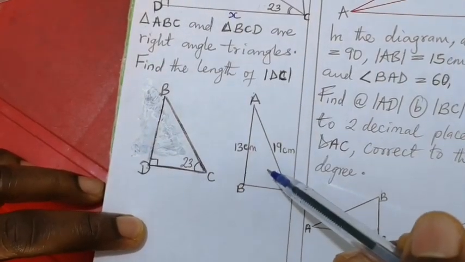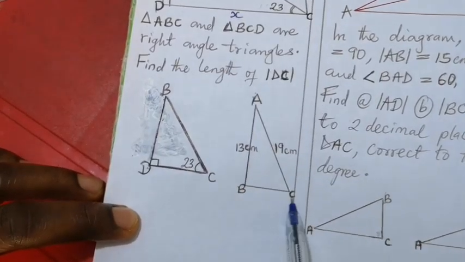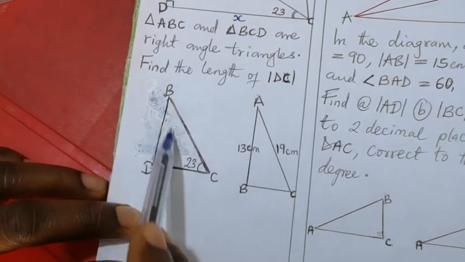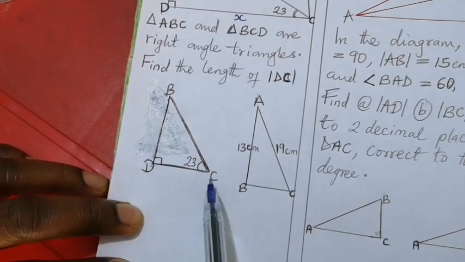Okay, now in this very triangle, our line BC is the hypotenuse of this other triangle. Okay, now, and we are looking for DC.